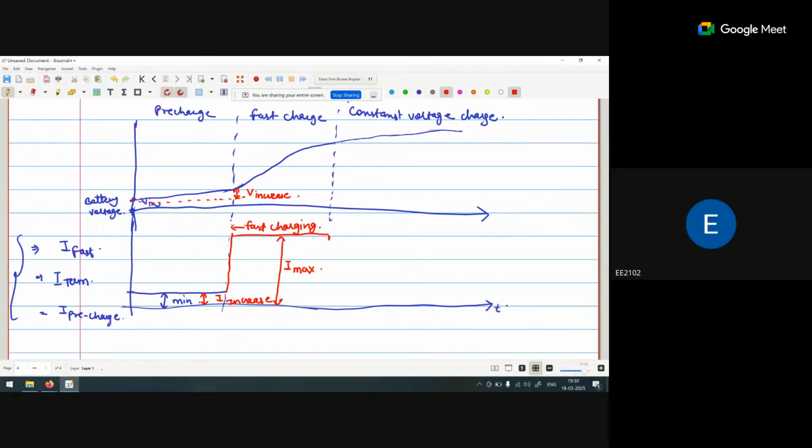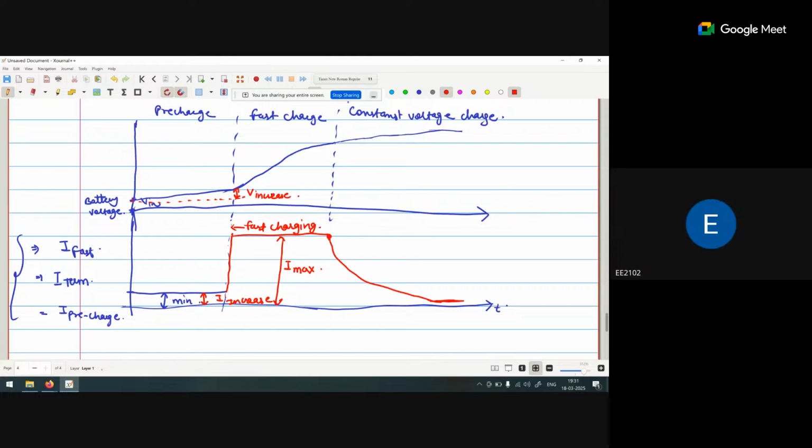Now, when it approaches the end of the fast charging point, after that the required current is reducing. The storage current is not reducing, we are talking about the current profile.